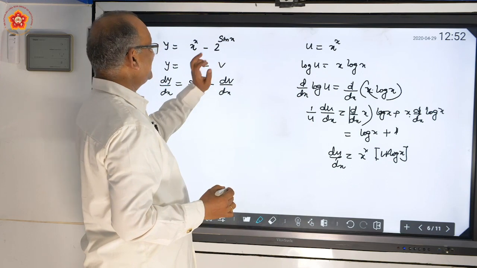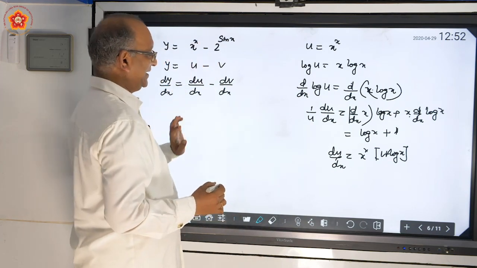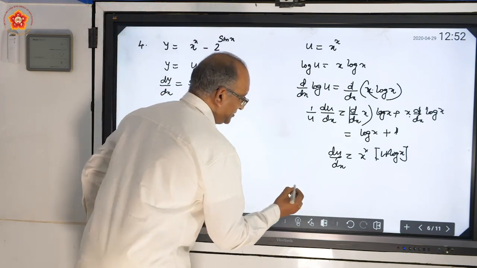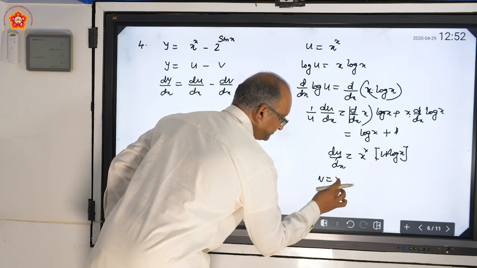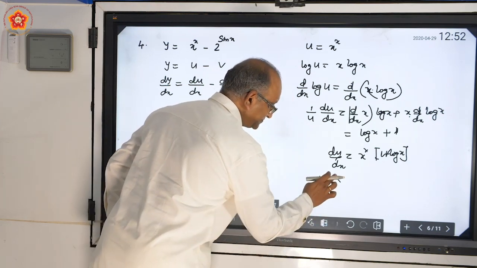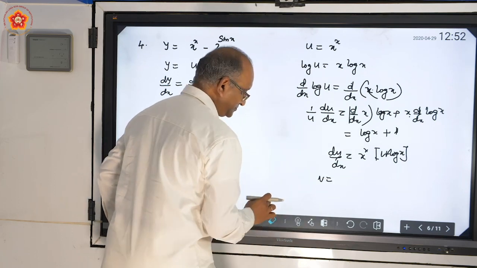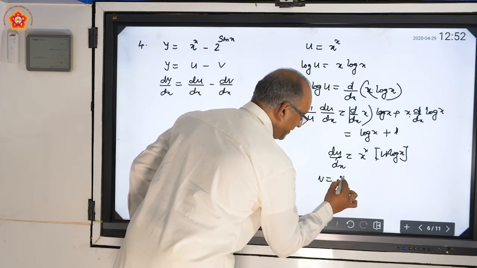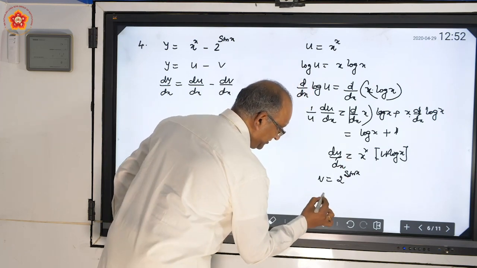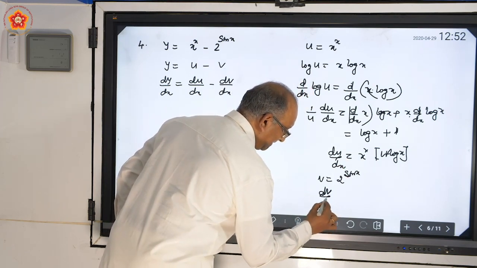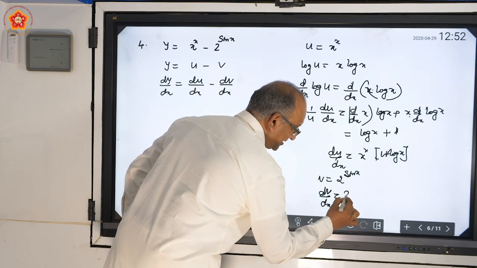Whereas second function is concerned, it is a very simple one, we can directly solve it. V is equal to 2 to the power sin x. So dv by dx equal to d dx of 2 to the power sin x.